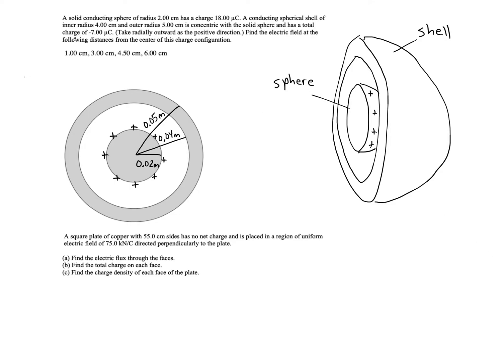We also find that our shell has a total net charge of -7 microcoulombs. So I can write that the net is -7. But it's a little more difficult to figure out where that -7 is going to be distributed for the outer shell.